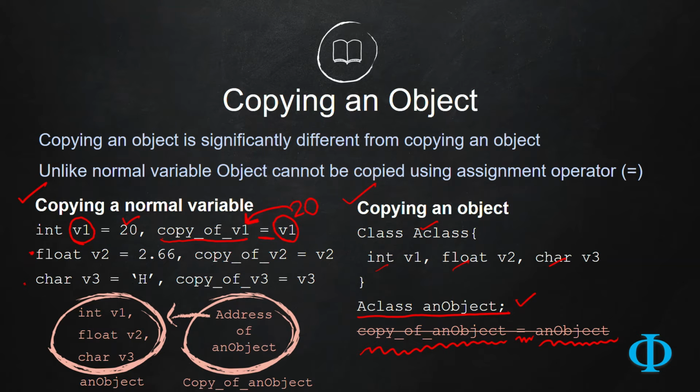But when I am doing it this way, it does not make a separate copy of the object. Instead of making an entirely separate copy, it just copies the memory address of the original object, and that is it.